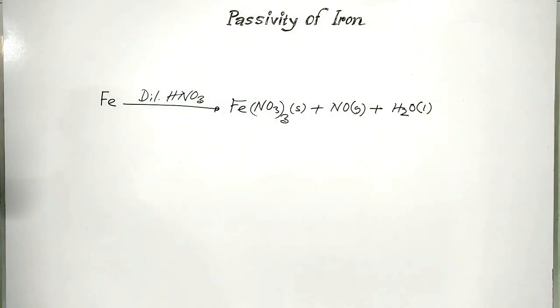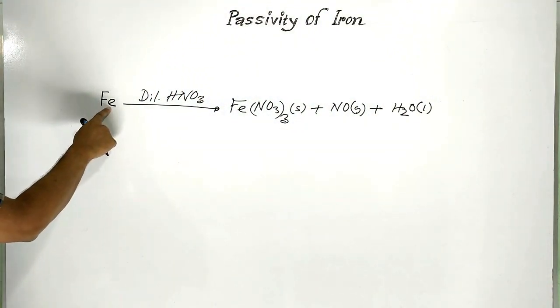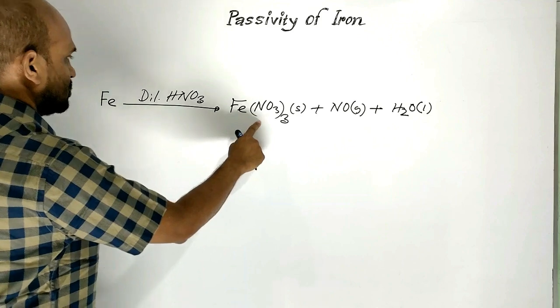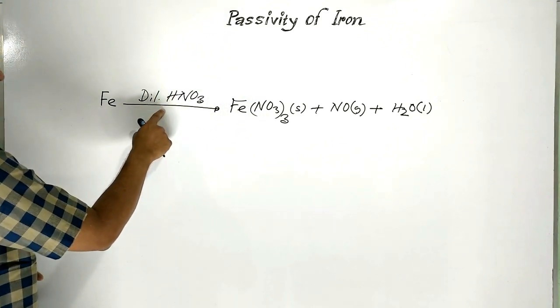So we see that iron forms salt with dilute nitric acid.